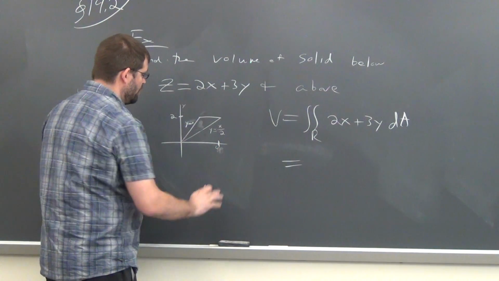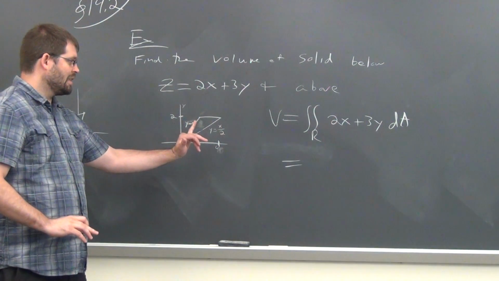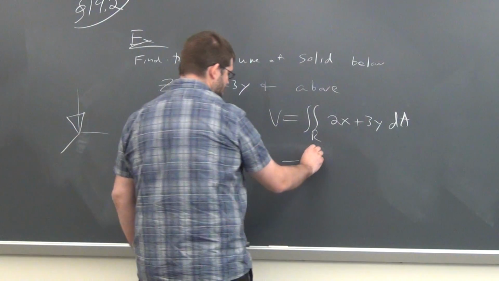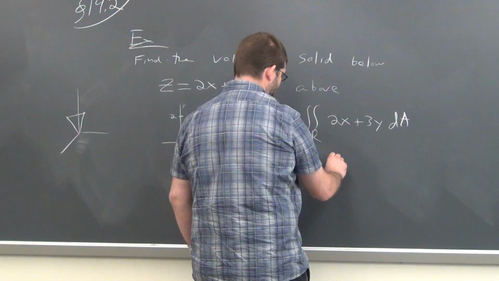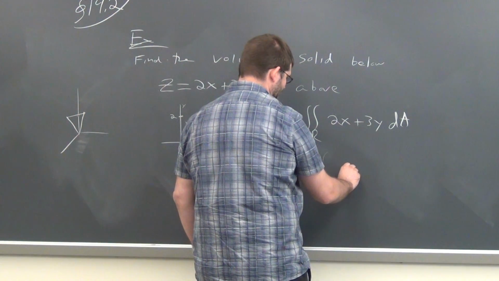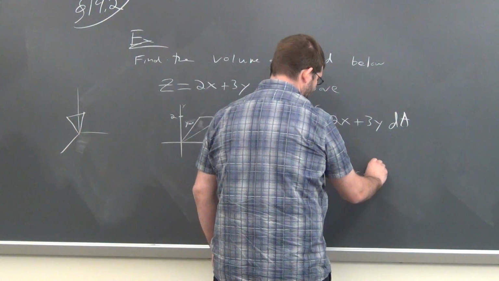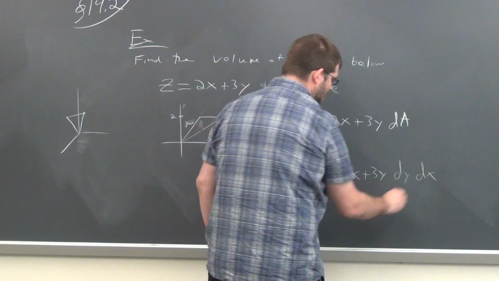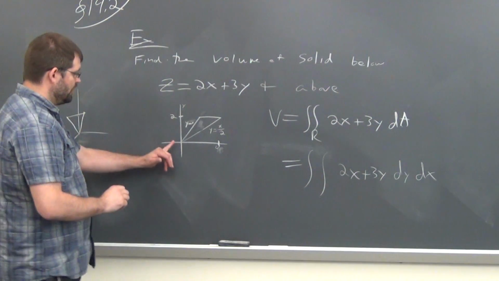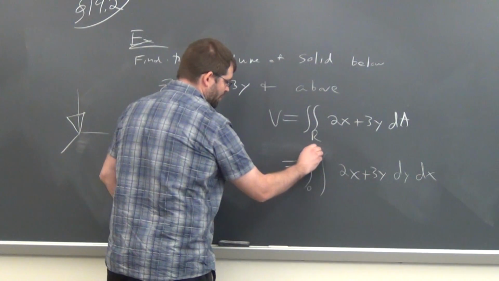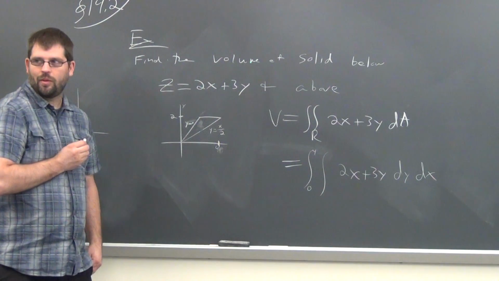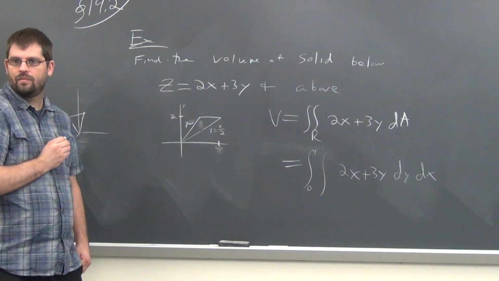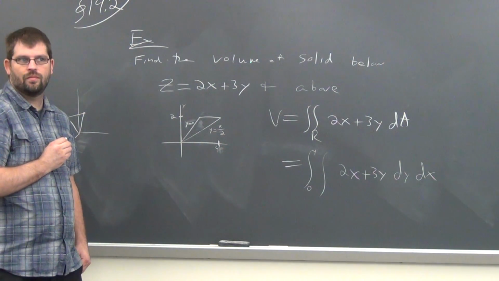So if we're going to do the dx on the outside, so don't write this down yet, because this is not the way to do it. But let's see why that's the case. If we wanted to go about it this way, you'd have to go x from 0 to 4, and then where would your y's go from?